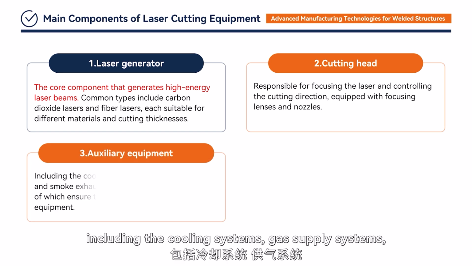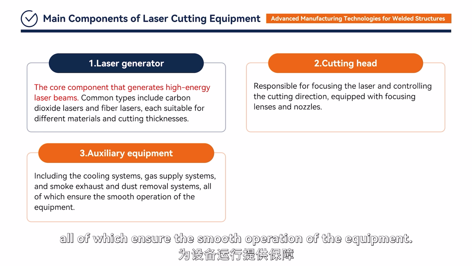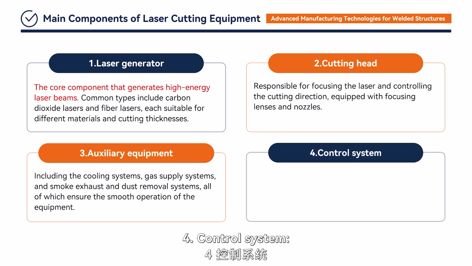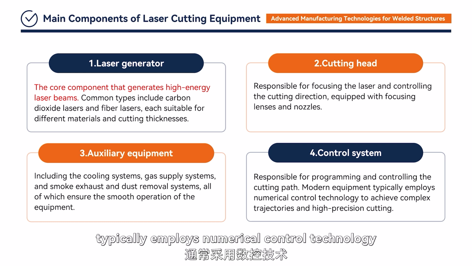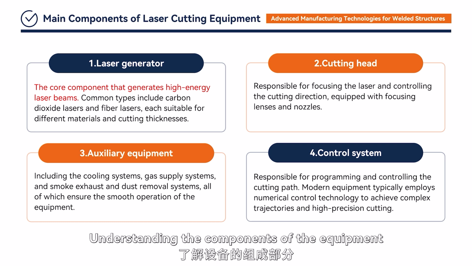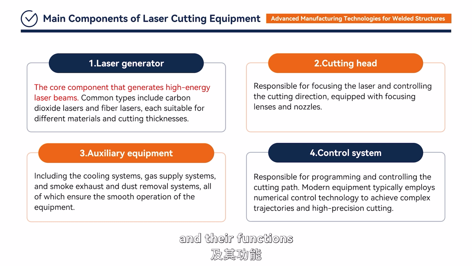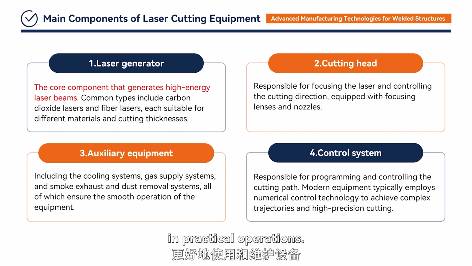Auxiliary equipment, including the cooling systems, gas supply systems, and smoke exhaust and dust removal systems, all of which ensure the smooth operation of the equipment. 4. Control system, responsible for programming and controlling the cutting path. Modern equipment typically employs numerical control technology to achieve complex trajectories and high-precision cutting. Understanding the components of the equipment and their functions helps us better use and maintain the equipment in practical operations.